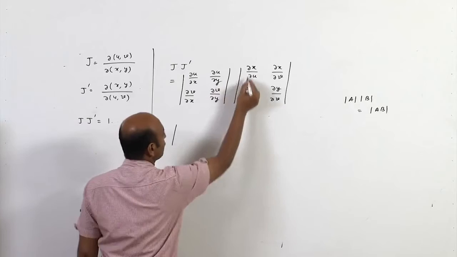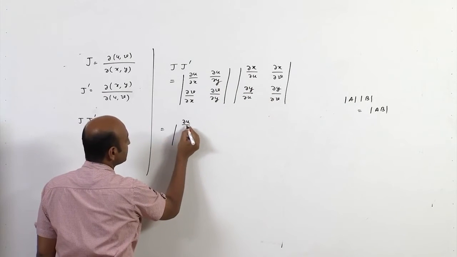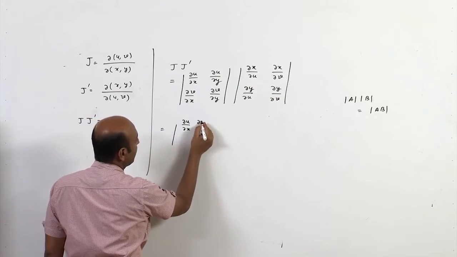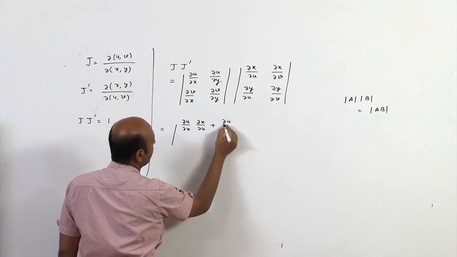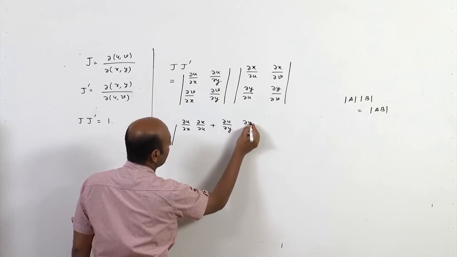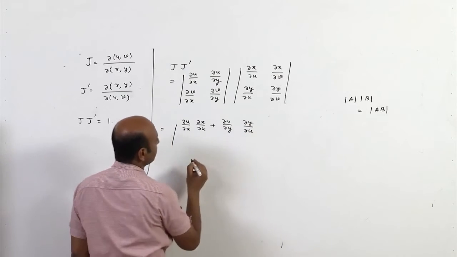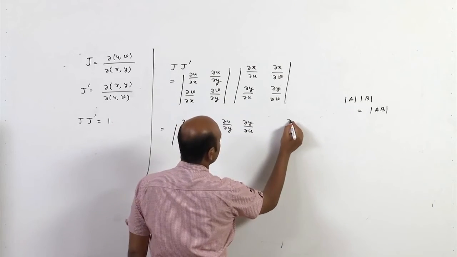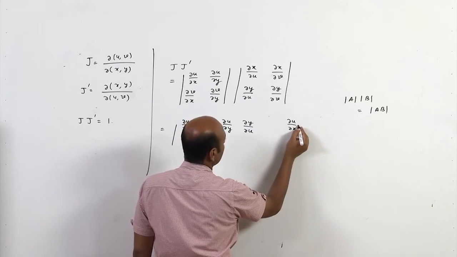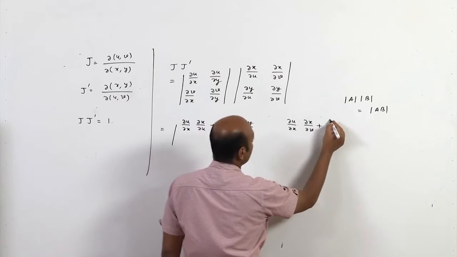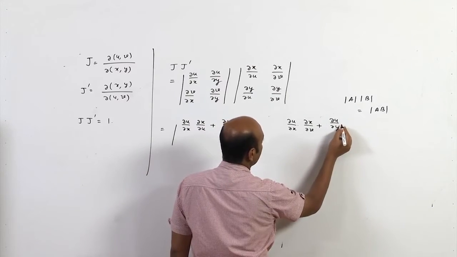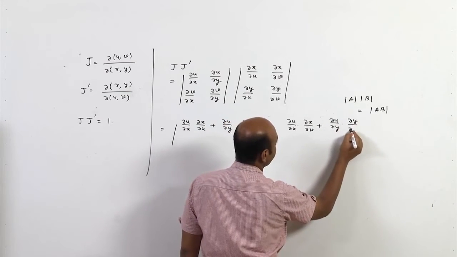So, this row, this column, which is del u by del x into del x by del u plus del u by del y into del y by del u. This is the first term. The second term is del u by del x into del x by del v plus del u by del y into del y by del v.